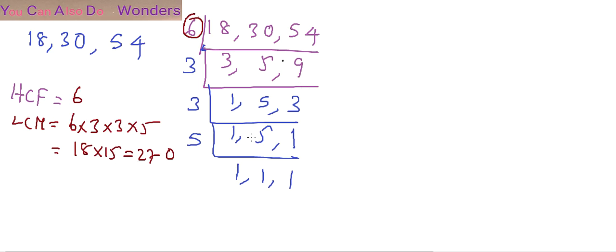Just like we found HCF and LCM for two numbers, let's use the prime factorization method to find HCF and LCM of the same set of numbers. If you prime factorize 18, you will get 2 into 9, so 2 into 3 square.